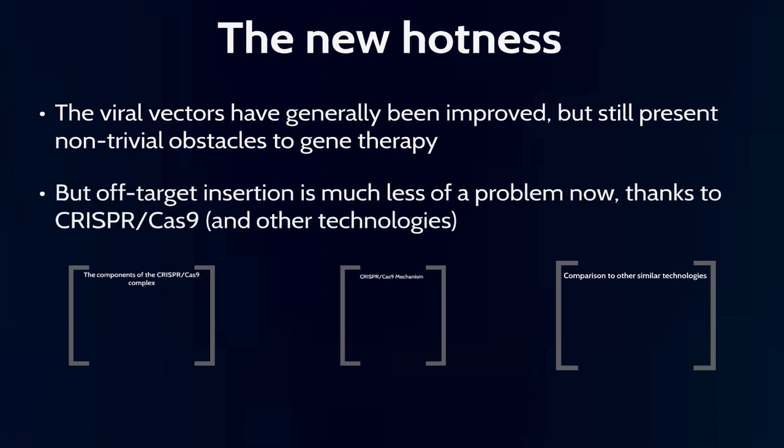But more relevant to us again is that off-target insertion is now much less of a problem thanks to technologies like CRISPR-Cas9. So CRISPR-Cas9 is one of several technologies now available that can insert genes or cause small indels, insertions or deletions, in a targeted genomic region.